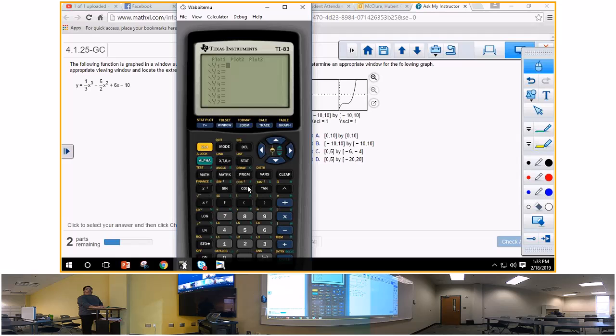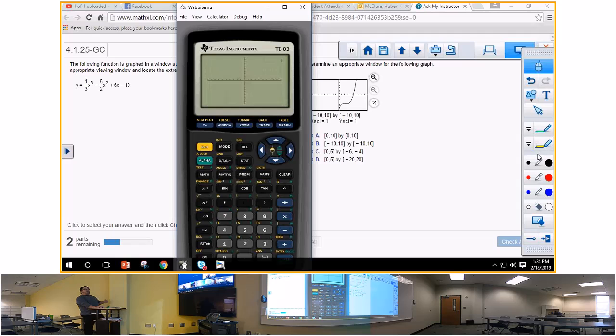I'm going to type in parentheses 1 divided by 3, close parentheses, x to the third power, then minus parentheses 5 divided by 2, close parentheses, x to the second power, plus 6x, minus 10. And then I'm going to hit graph.